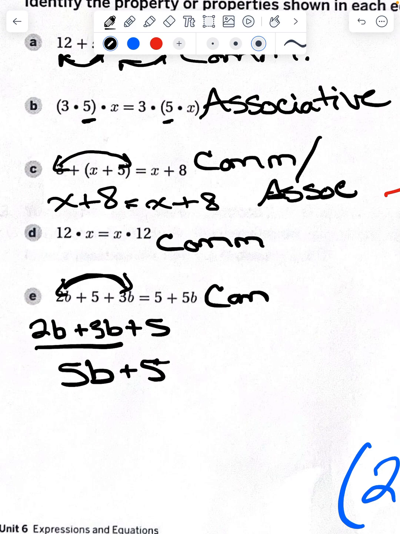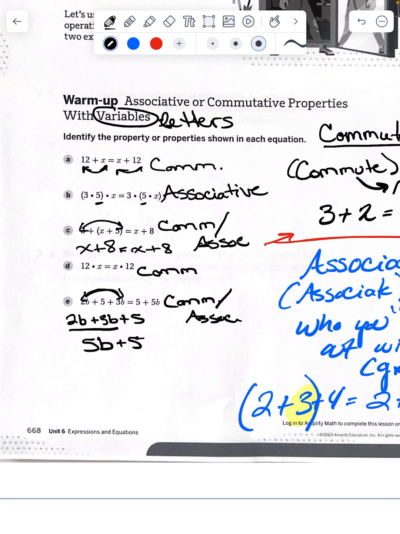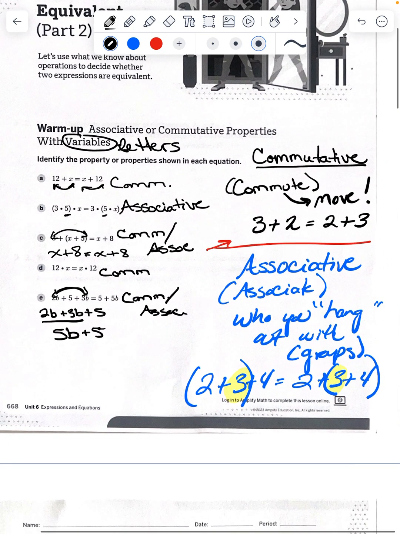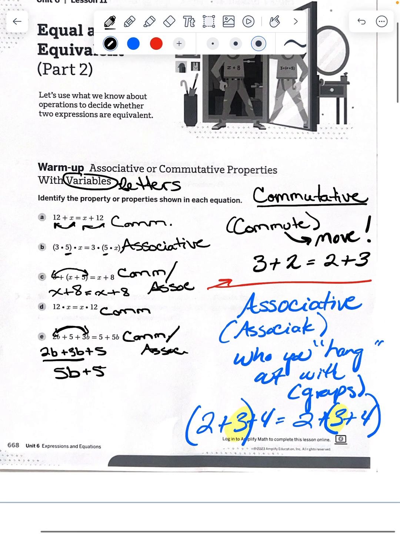So this one, again, we're going to say the commutative property and the associative property because we're going to move them around. We're going to commute. And then we're also going to change who they're grouping with, or who they're hanging out with. So we're going to say it's also the associative property. Okay, so there's a little review on the commutative and the associative property.